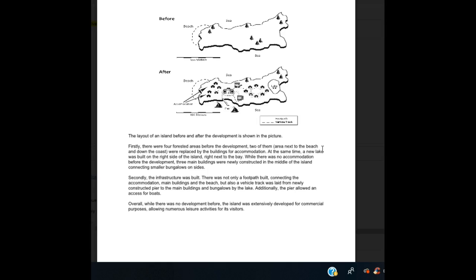There was not only a footpath built connecting the accommodation main buildings and the beach, but also a vehicle track was laid from the newly constructed pier to the main building and bungalows by the lake. Additionally, the pier allowed access... " No, and here, "access for boats. While there was no development before, the island was extensively developed for commercial purposes, allowing numerous leisure activities for its visitors." Okay.